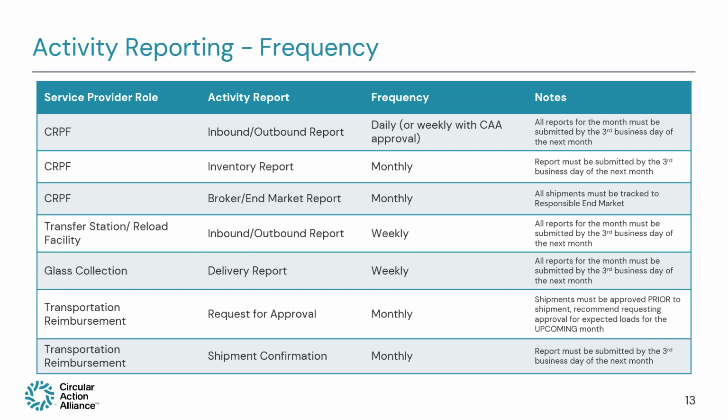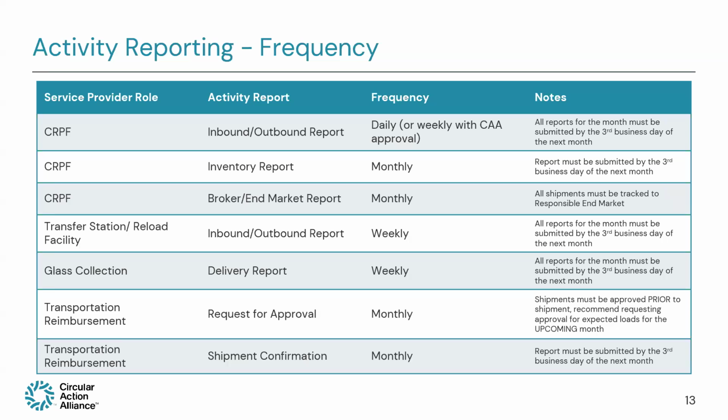We're going to go through the transportation reimbursement in a little bit more detail in an upcoming slide, but basically for any movements that you're requesting reimbursement for, you'll need to request and have an approval for that ahead of time. So what we've set the system up to do is you can bulk submit these. So if you know that in general you're going to be shipping 10 to 20 loads or 10 to 12 loads, then you can request for those for that full month.